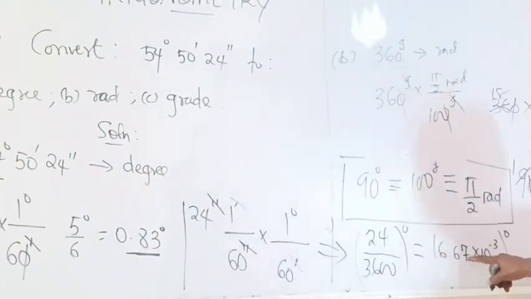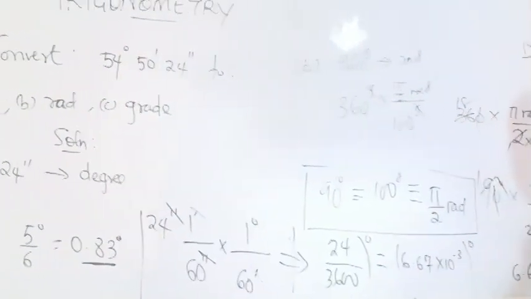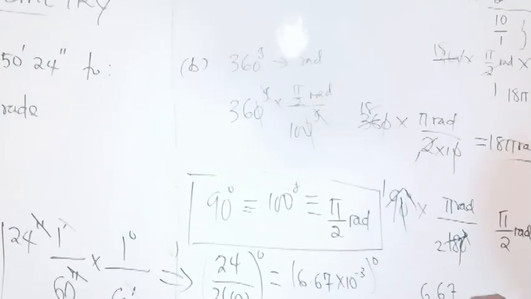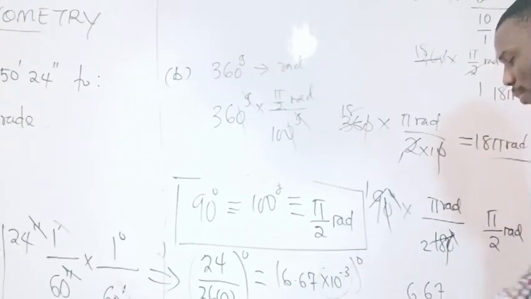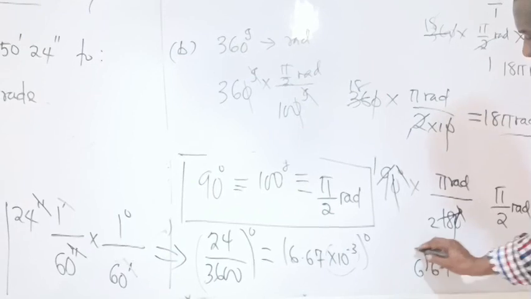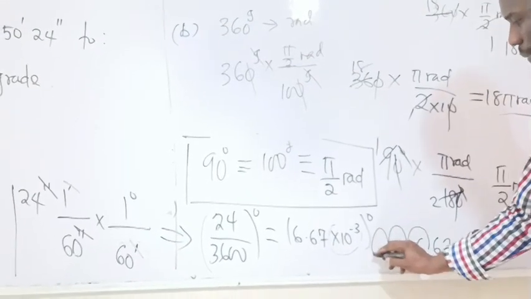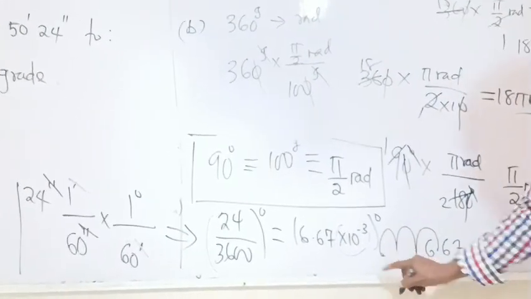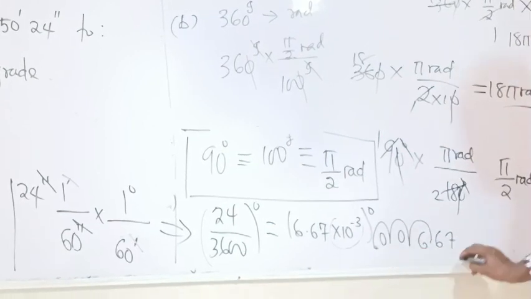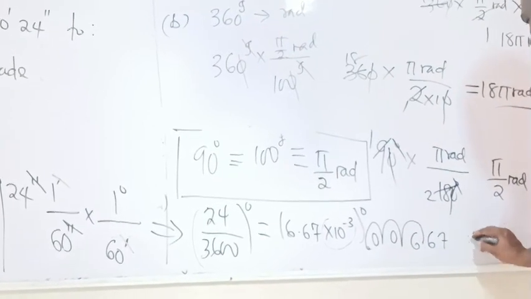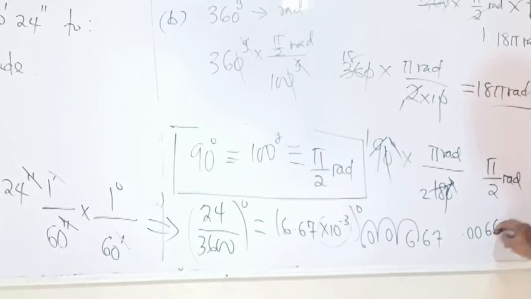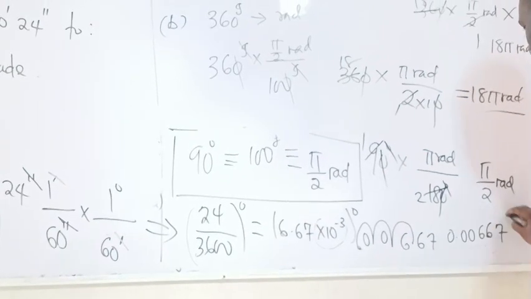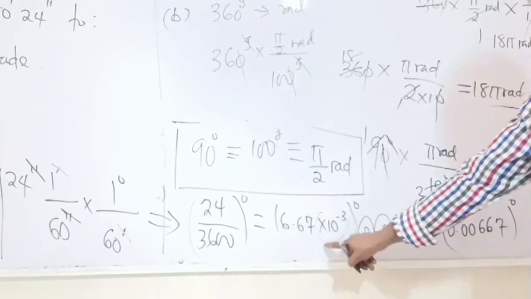What minus 3 simply implies is that the decimal point goes 3 places backwards. So we go 1, 2, 3. The decimal point leaves here and comes here, and I stick in the 0s here. So this comes out to be 0.00667, and this is in degrees. It's the same as this, expressed in decimal.